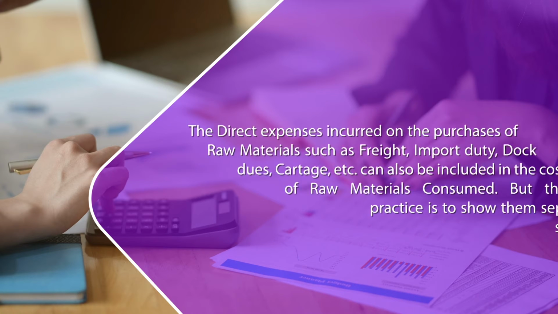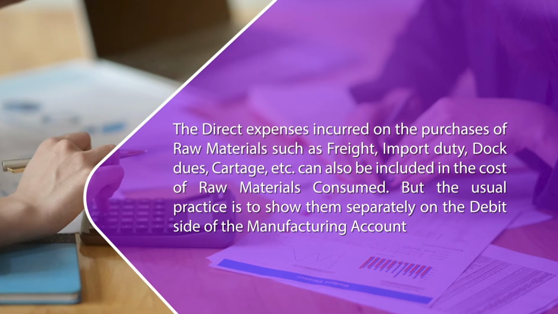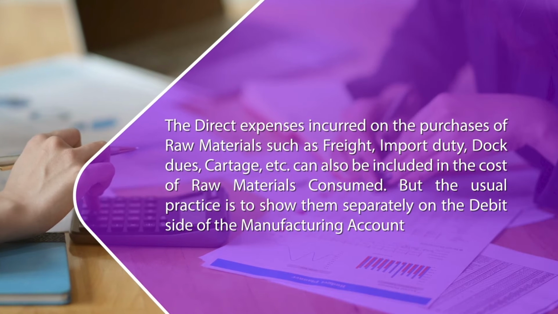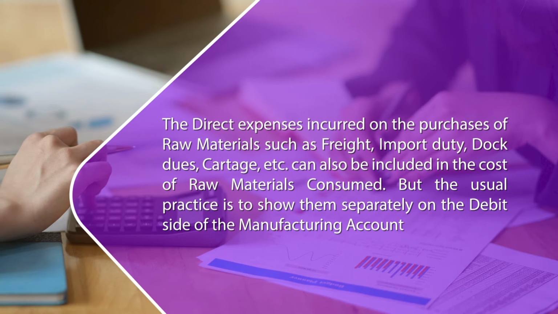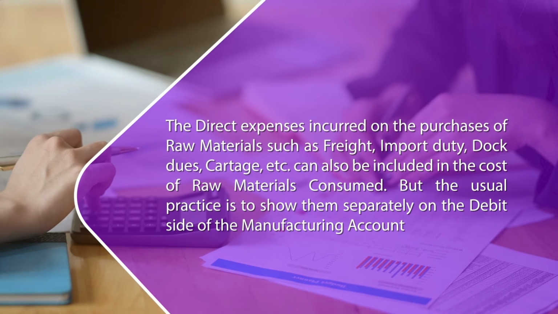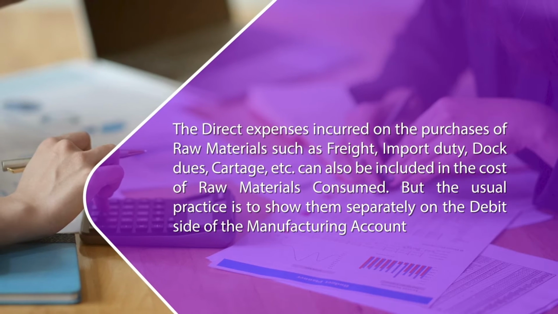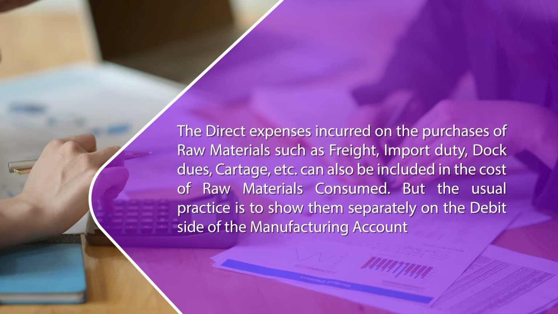The direct expenses incurred on the purchases of raw material, such as freight, import duty, dock dues, cartage, etc., can also be included in the cost of raw material consumed, but the usual practice is to show them separately on the debit side of the manufacturing account.